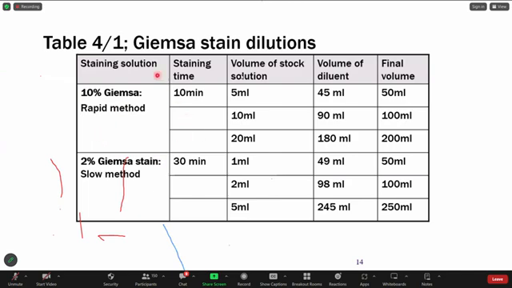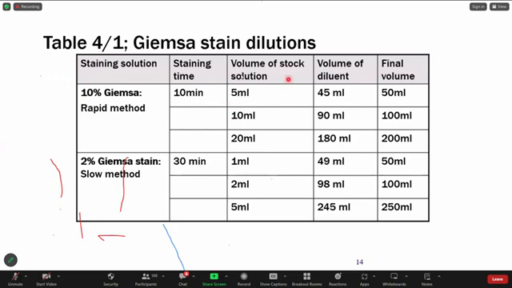The staining procedures for Giemsa are two. You use either of the two. There's what they call the rapid method that stains for a shorter period, that is 10 minutes, and the slow method where we stain for 30 minutes. It is a slow method, but it is somehow conservative. We use less volumes, but for the rapid method, you might end up utilizing a lot of stain.